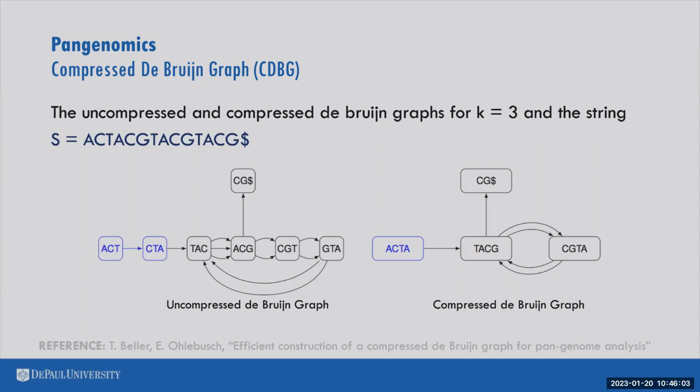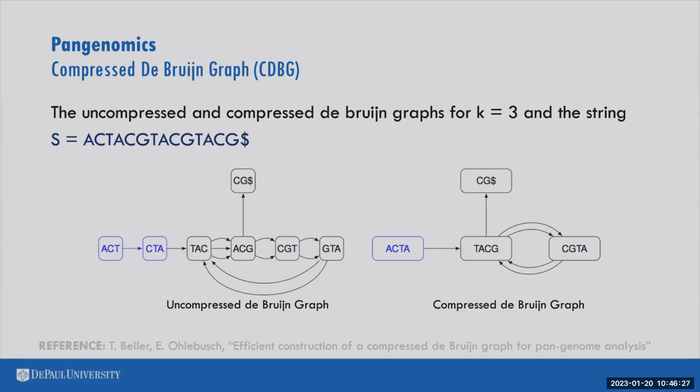Likewise, ACG can be compressed into TACG. So you can go from an uncompressed version to a compressed version. So this is actually key, because the more nodes and edges you have, it's computationally complex. So you want to reduce it. So this is a way of reducing it, right?